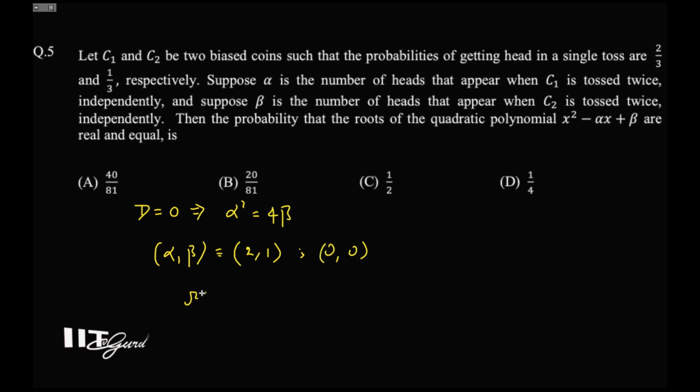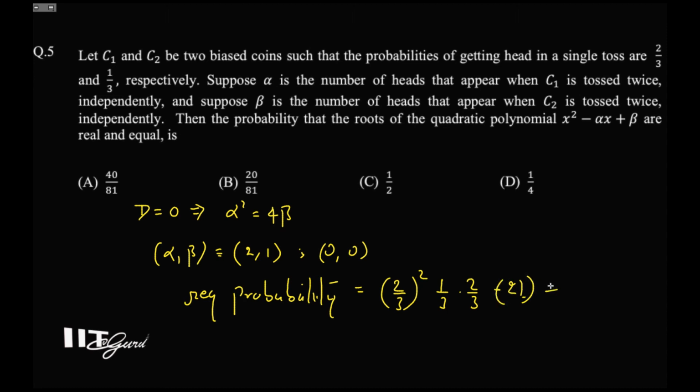So the required probability is given by 2 by 3 whole square for this one, then 1 by 3, and then 2 by 3, and these all twice, so factorial 2.